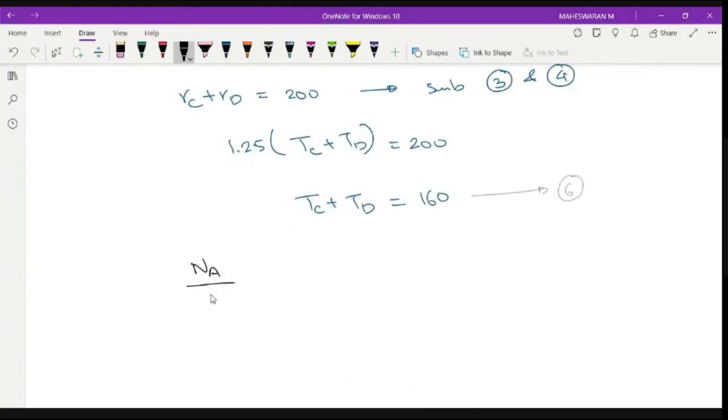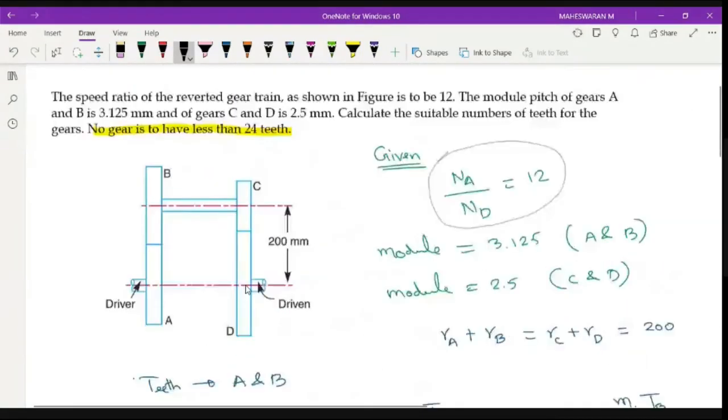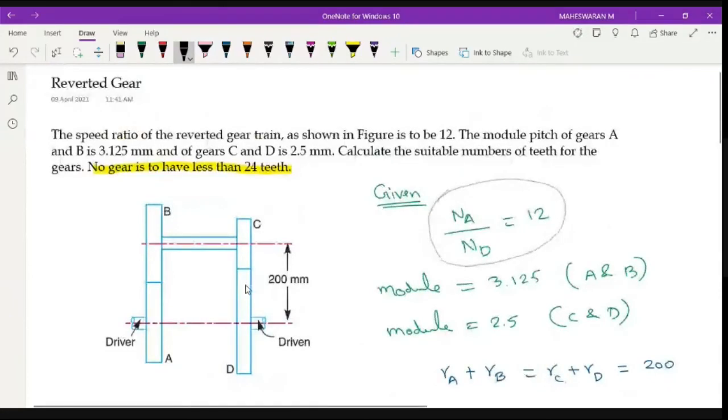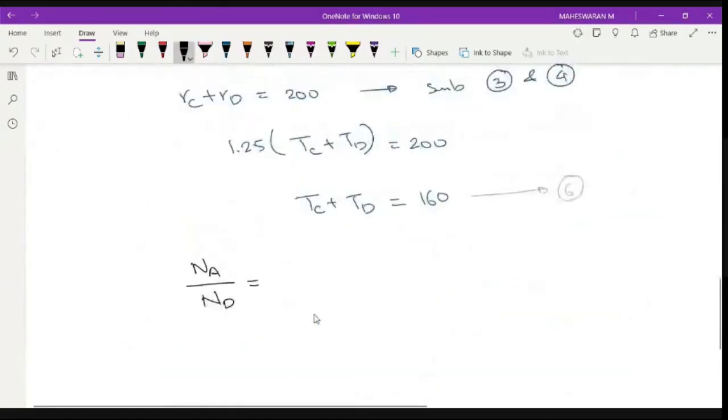We know that NA by ND equal to, what is the value? It is 12. Which means I can write it like this. NA by ND equal to product of driven divided by product of driver.